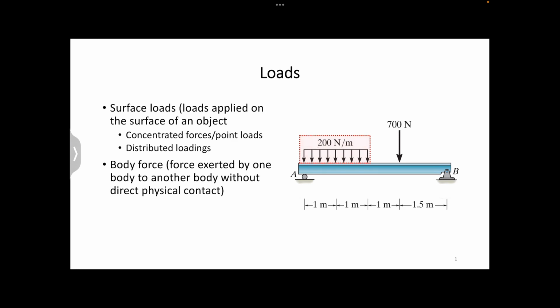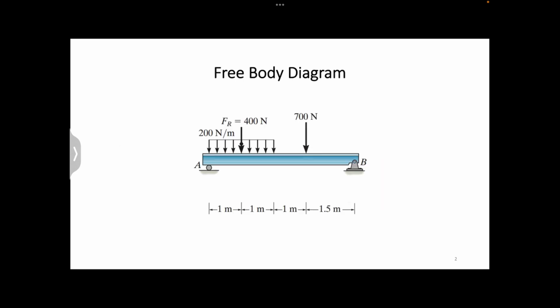A typical example of such force is the gravitational force, which applies on every particle composing the body. In reality, most structures are subjected to both surface and body force. However, if the weight of a structure is small, it can be assumed to be zero and be ignored in the calculation. So you should be aware of such assumption.